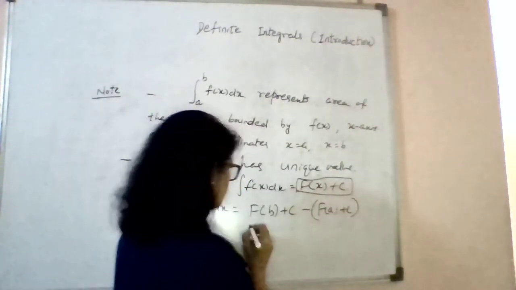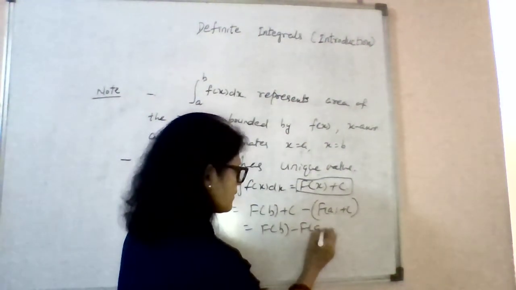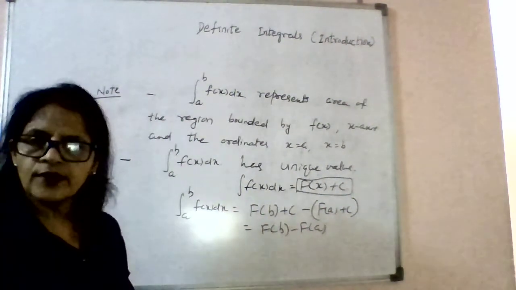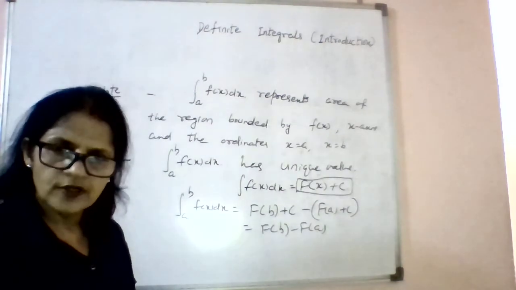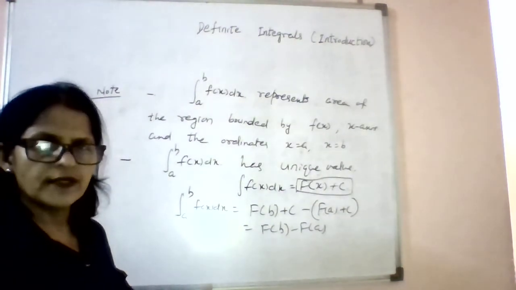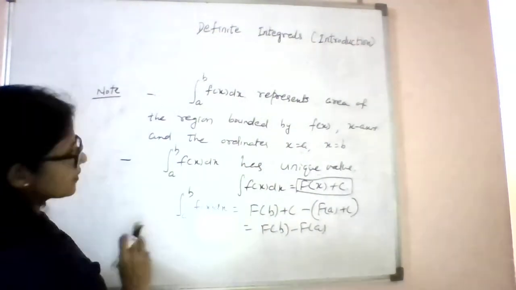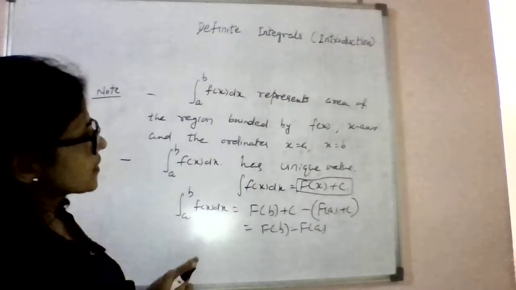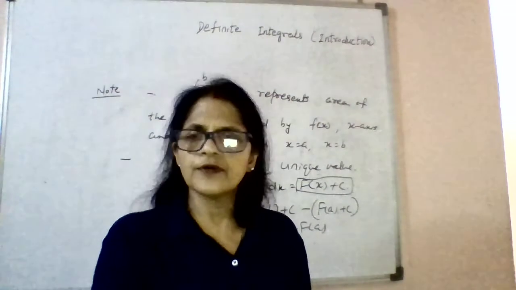So ultimately you are getting F(b) minus F(a). No need to write down the constant of integration. So we do not write the constant of integration in the case of definite integral, and its value is unique. These are the things you can keep in mind while solving the questions.